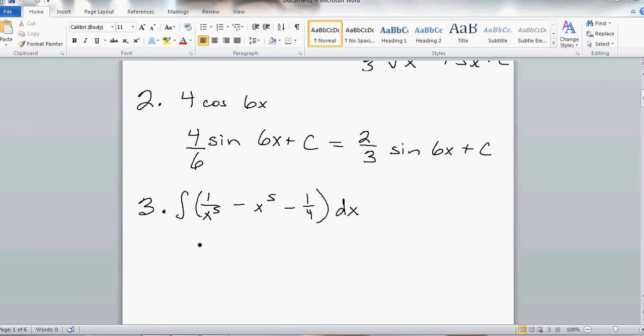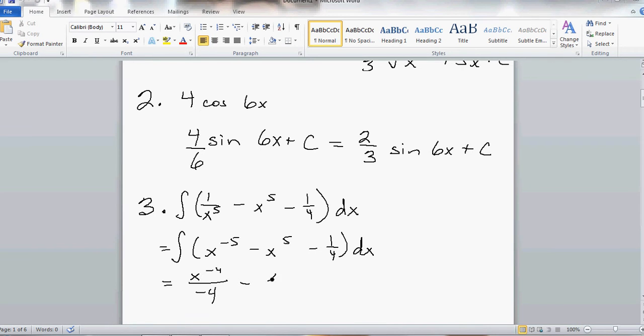Okay, first thing I'm going to do is rewrite this in a user-friendly form. So this becomes x to the negative 5th minus x to the 5th minus 1/4 dx. Now I can take the antiderivative: add 1 to the exponent, so I get x to the negative 4, and divide by that new exponent.